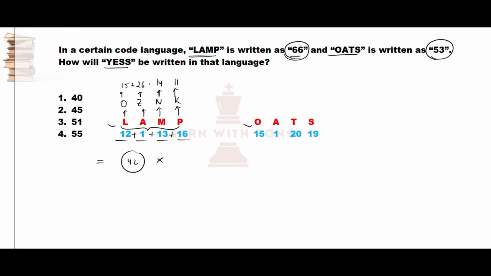If I add these values, 14 plus 11, 25, 25 plus 15, 40, 40 plus 26, 66, which is the same value they have given for LAMP here.